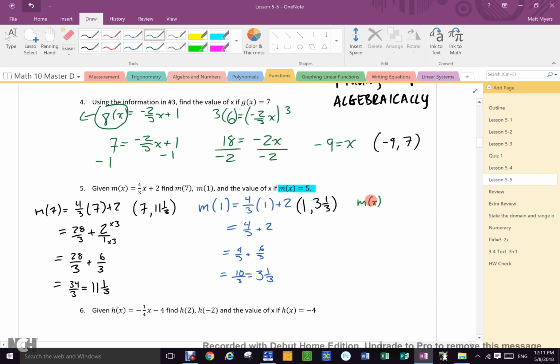So what do I write instead of m of x? 5. Not m of 5. 5 equals. Can everyone explain why it is 5 and not m of 5? Because you don't know the x, you know the m of x. I don't know the x, which is our what? Input or output? I don't know my input, but I have an output. So now I have to find that input.